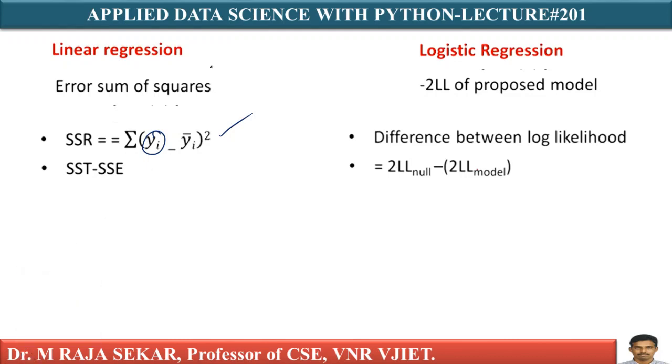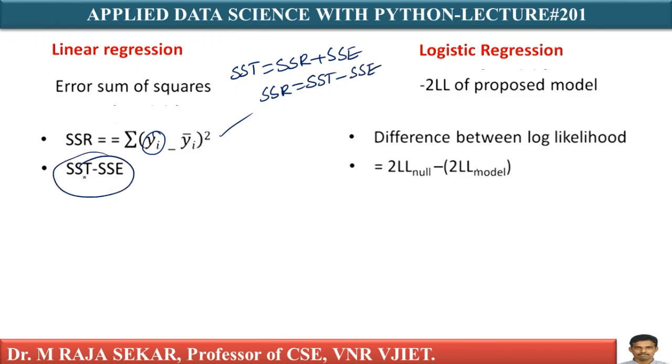We already discussed many times what SST is. Total sum of squares is SSR plus SSE. How can I write SSR from this? SSR is SST minus SSE, isn't it? That's what it says, SST minus SSE.